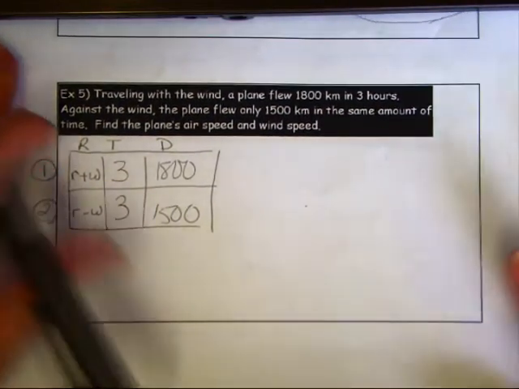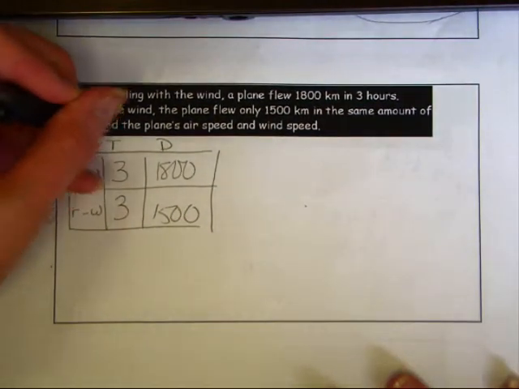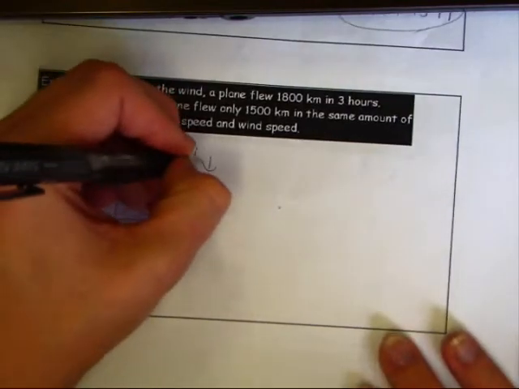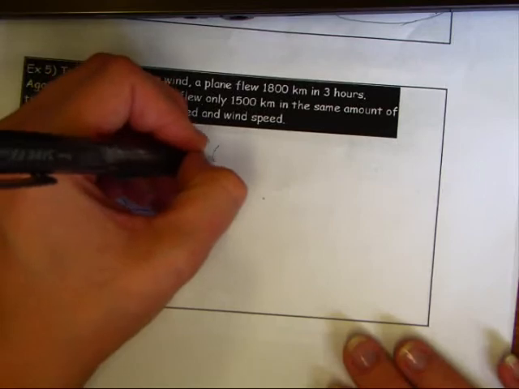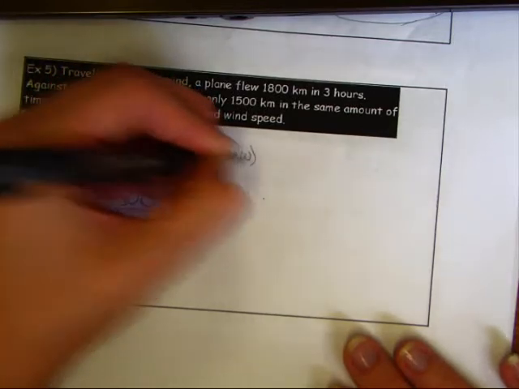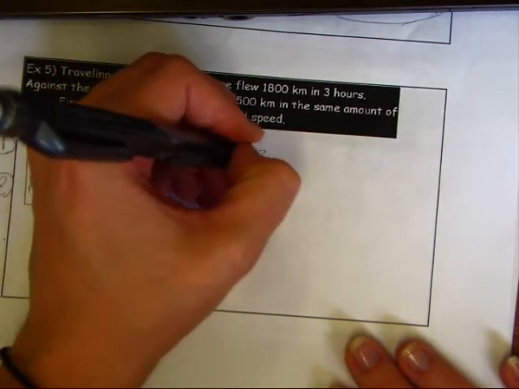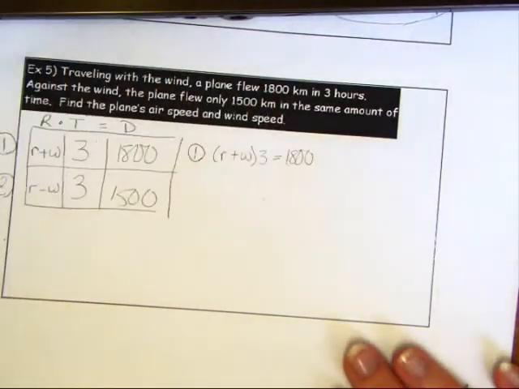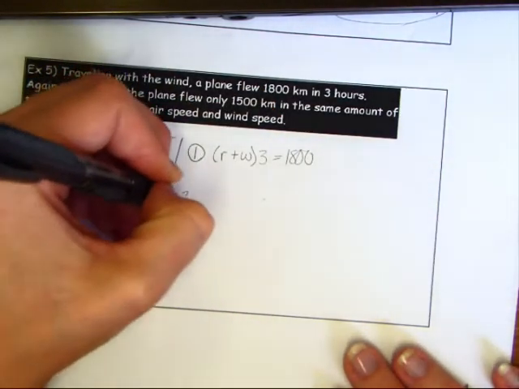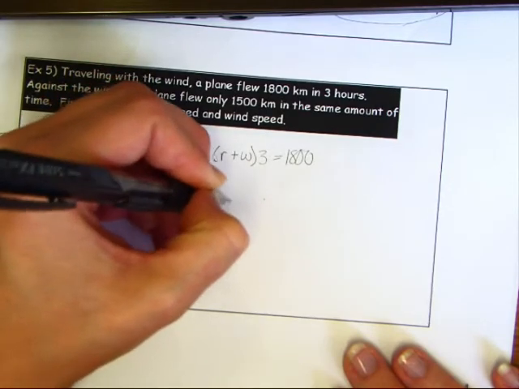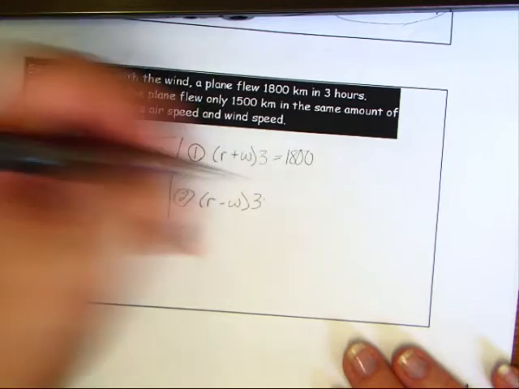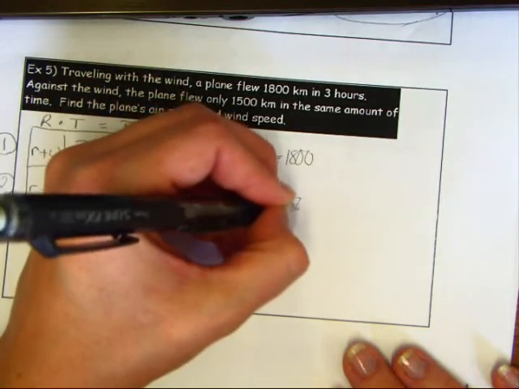Let's make two equations. Remember that the rate times the time is the distance. So equation number 1. The rate of r plus w times the time of 3 is the distance of 1800. The second equation is the rate of r minus w times the time of 3, and this time it only equals 1500.